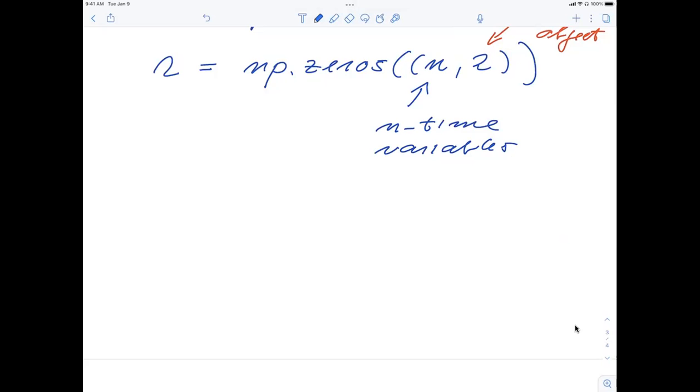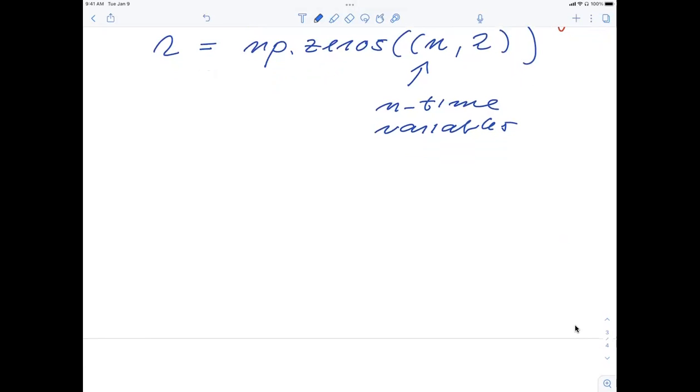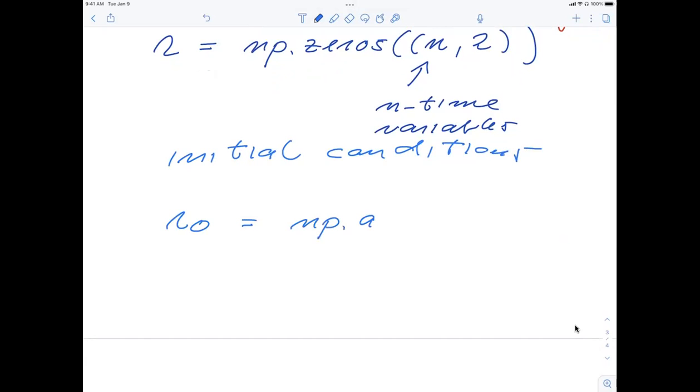So what you could do now, if you want to define the initial conditions, there's one way of doing that. You could define a quantity which you would call R0, like this. And this is something you would set up using the array functionality in NumPy.